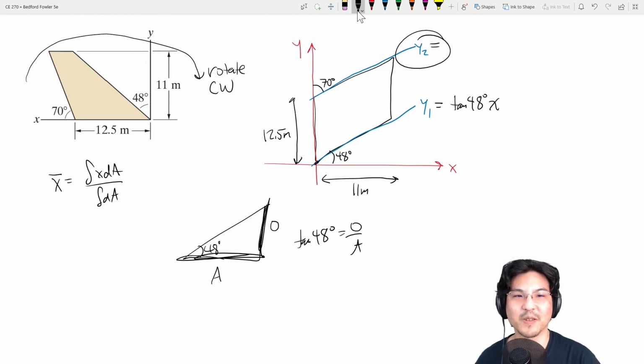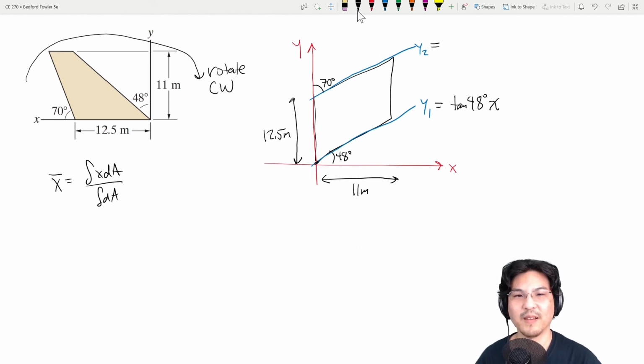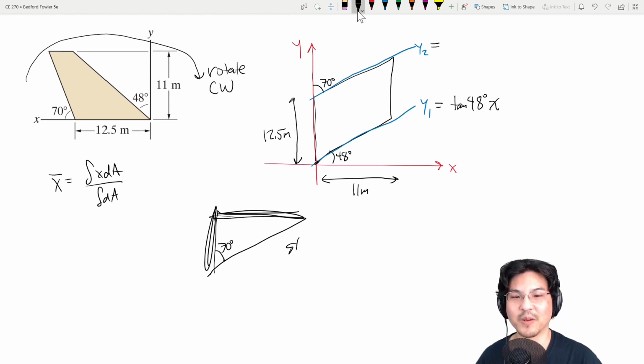Okay, how about this function? What is the slope? I'm going to do similar. In this example, the triangle looks more like this, where this is 70. And then we want rise over run for the slope, which is adjacent and opposite to the angle.